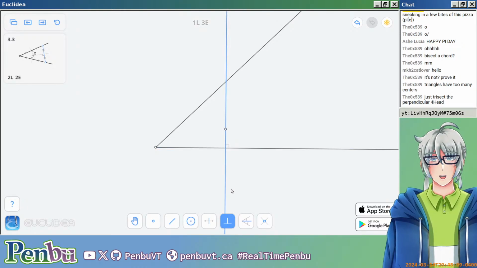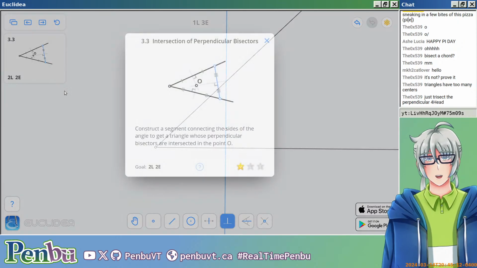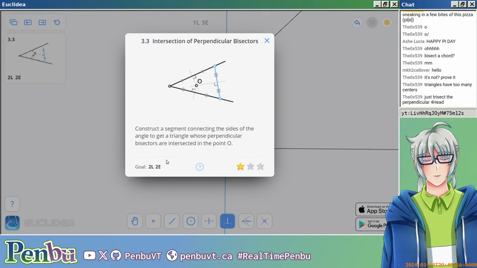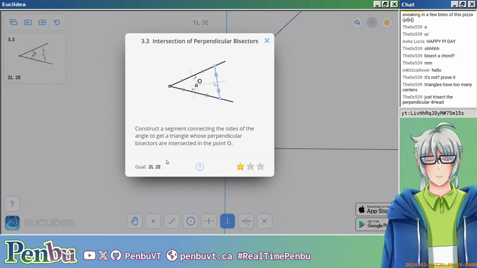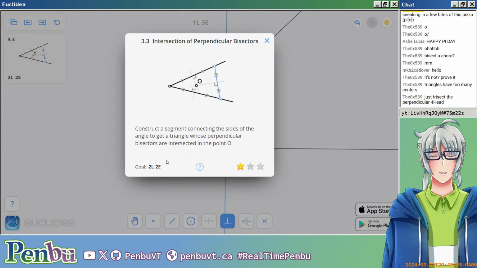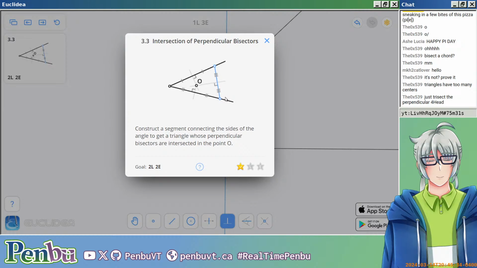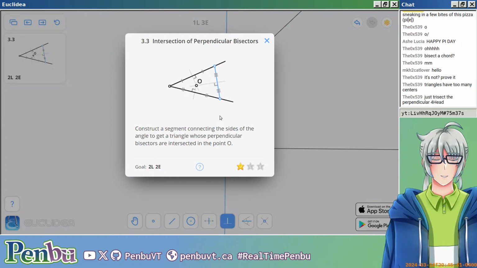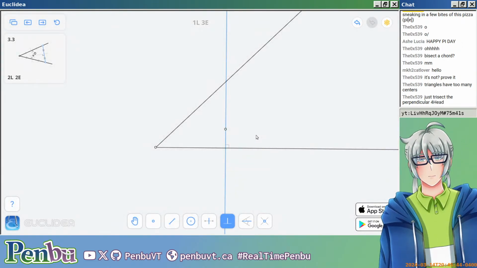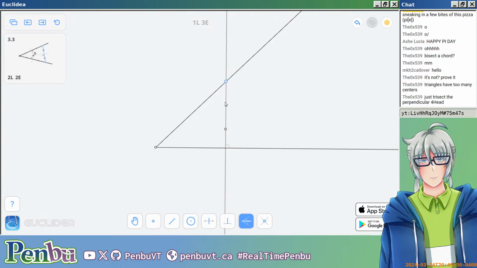Can you use this? Okay, what properties do we have here? So we know that this angle here... Actually, no, that's not necessarily bisected either. Yeah, if only it was that easy.